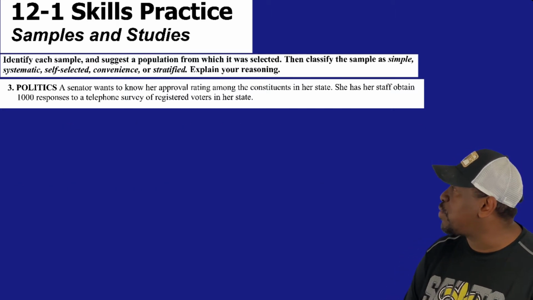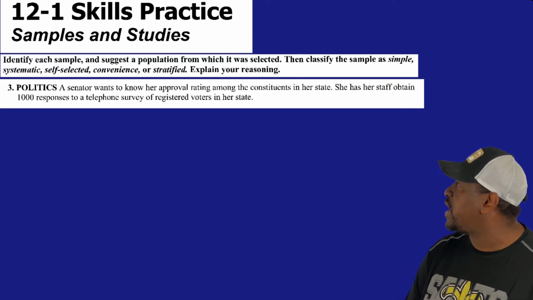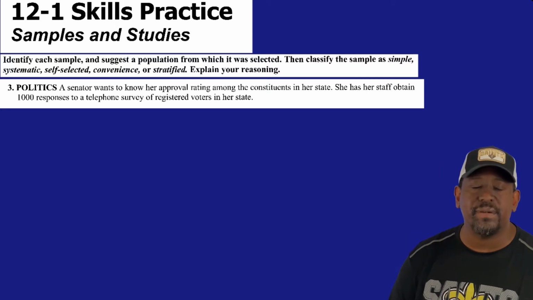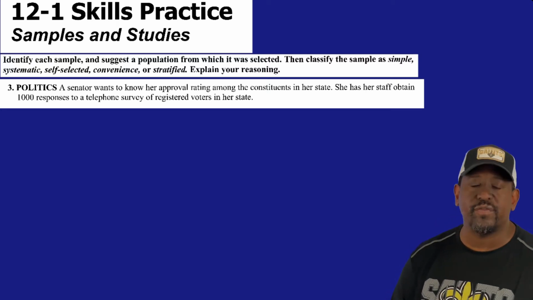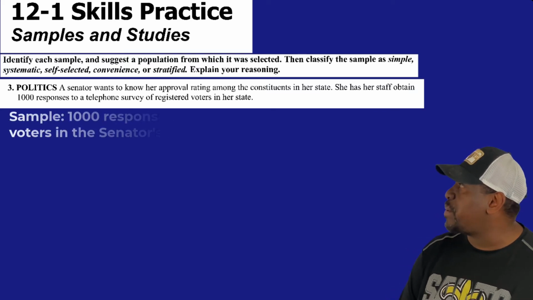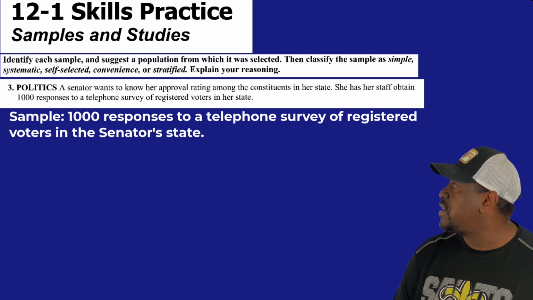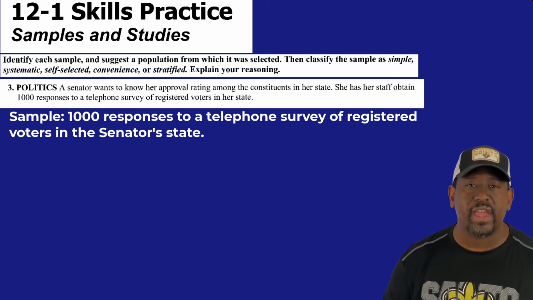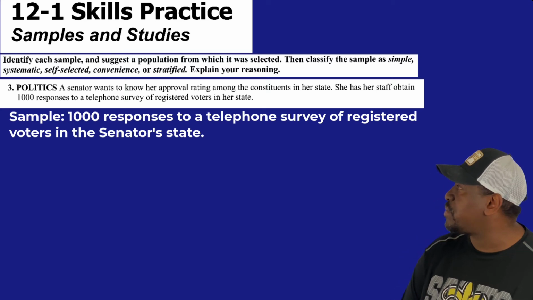It says the senator wants to know her approval rating among the constituents in the state. She has her staff obtain 1,000 responses to a telephone survey of registered voters in the state. So the sample here is the 1,000 responses to a telephone survey of the registered voters in that state. That will be our sample here.